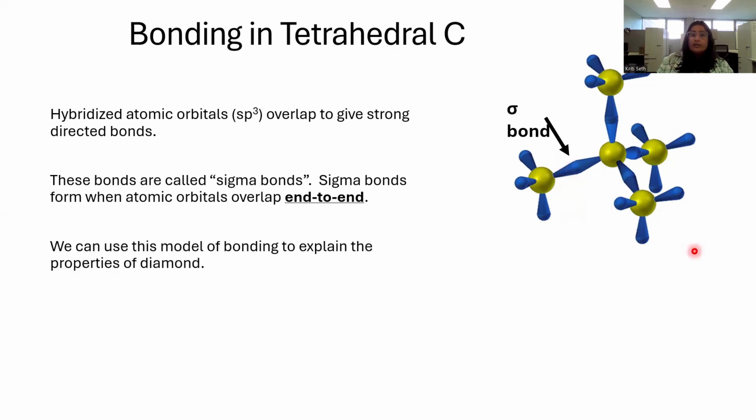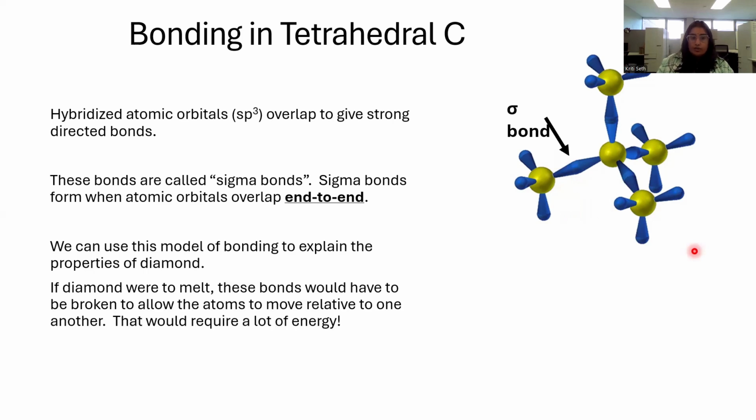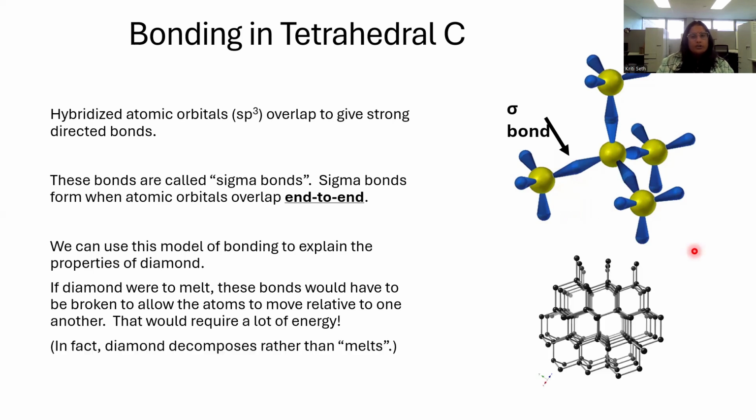And we can actually use this model of bonding to explain properties of diamond. If diamond were to melt, these bonds would have to be broken, right? But that would need a lot of energy. So this explains why diamond is so hard and why it decomposes rather than melting.